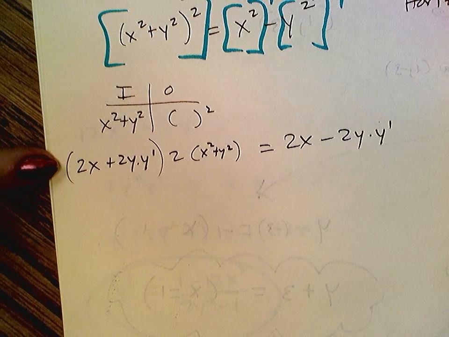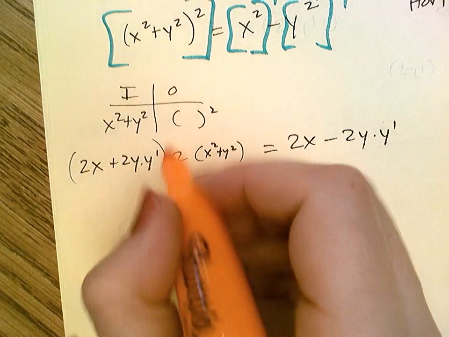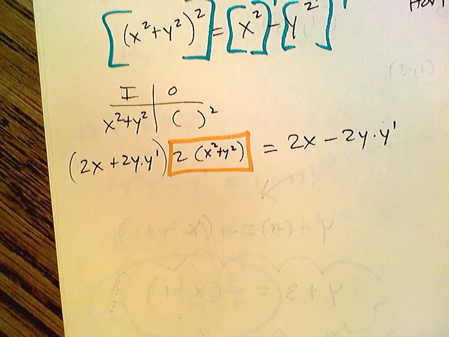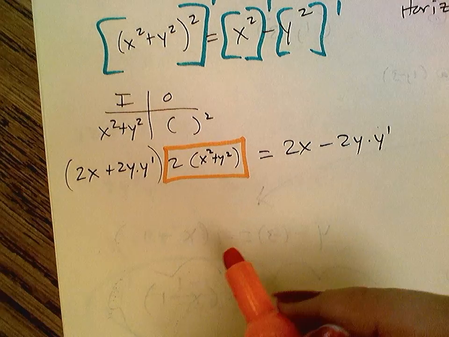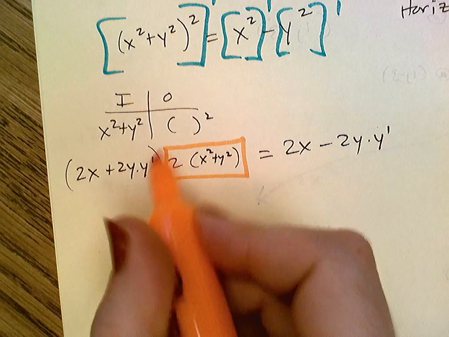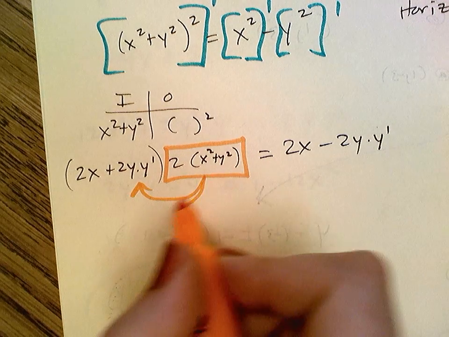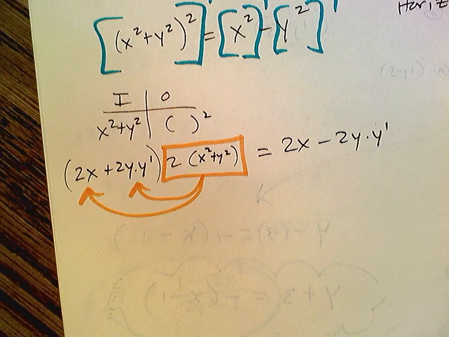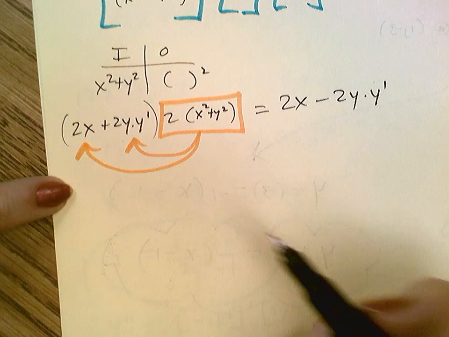So what I need to do here, there's a lot of algebra in these problems. I've got to distribute this to those. I think that would make it work nicer.